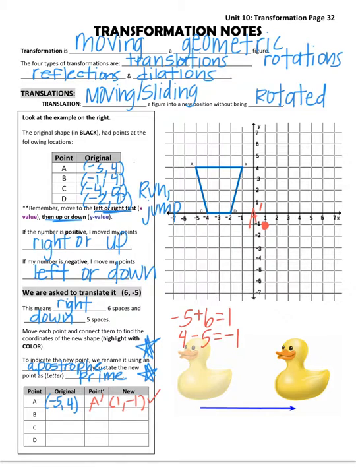Let's move B. So I take it, and I'm going 1, 2, 3, 4, 5, 6, and then down 5. 1, 2, 3, 4, 5. And it should line up with A prime, because if you look, A and B line up.